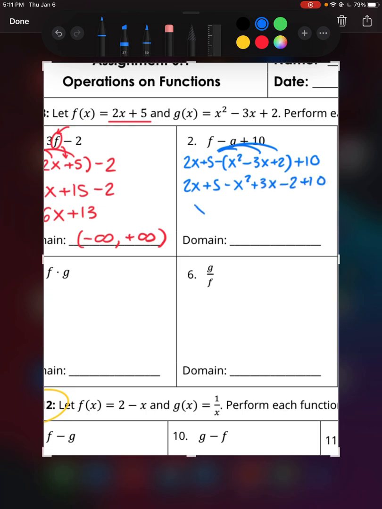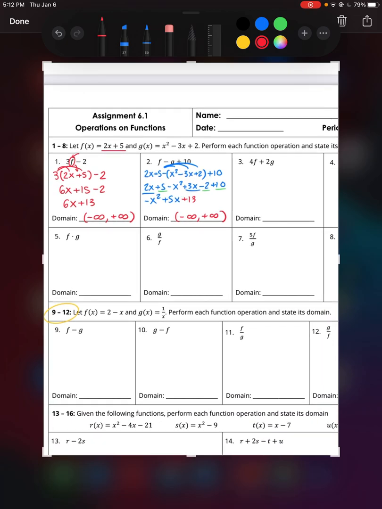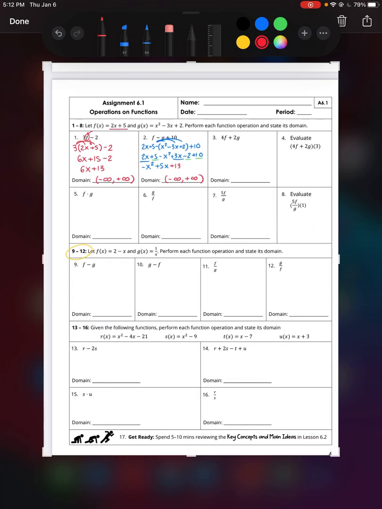And then we're just going to combine like terms. 5 minus 2 is 3. 3 plus 10 is 13. All real numbers, okay?